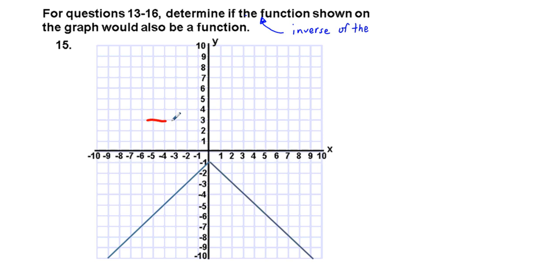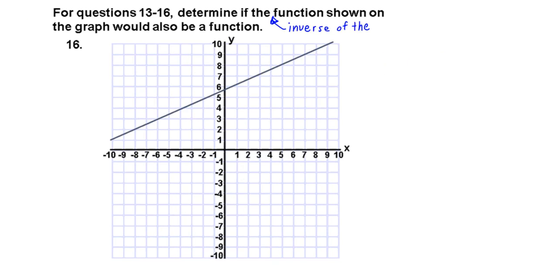Not the greatest horizontal line, but we'll just have to make it work. So there it is. It touches more than once. So for this one, we would say no, and the reasoning is it fails the horizontal line test. There we go. Next, 17.